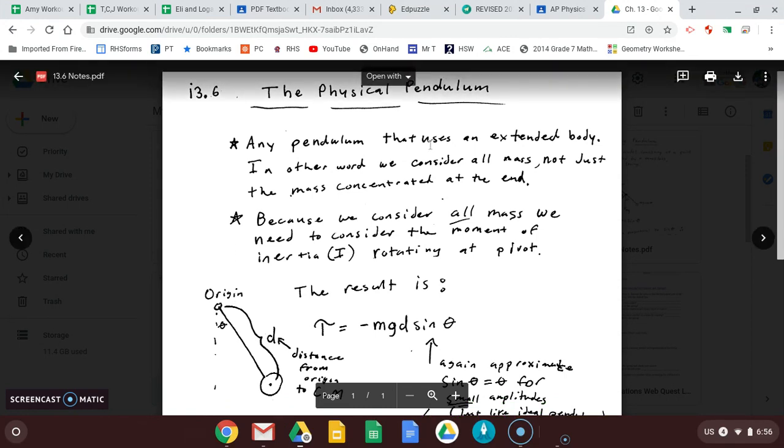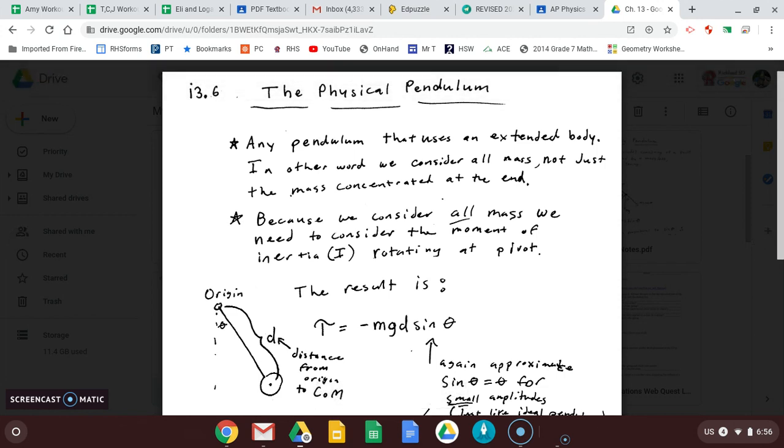If you remember back to the simple pendulum, that would be an object on a string, rope, or cable, where the string or whatever we were swinging on was considered massless, and therefore we only had to consider the periodic motion of the mass hanging at the end of it.